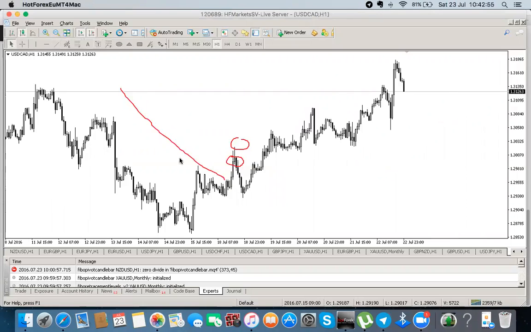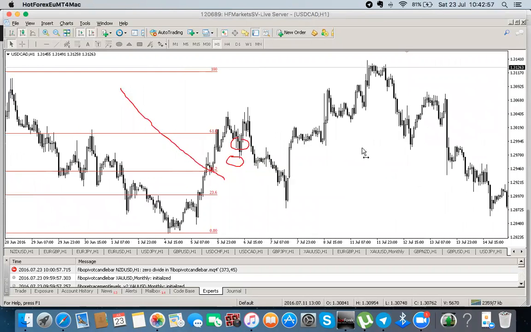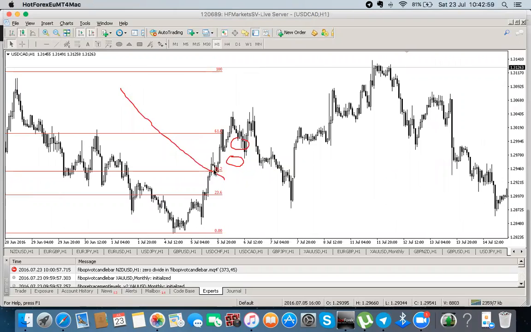Here it broke above the 38.2 and took support on this zone. And then it comes to 61.8, which is one of the strong Fibonacci ratios.